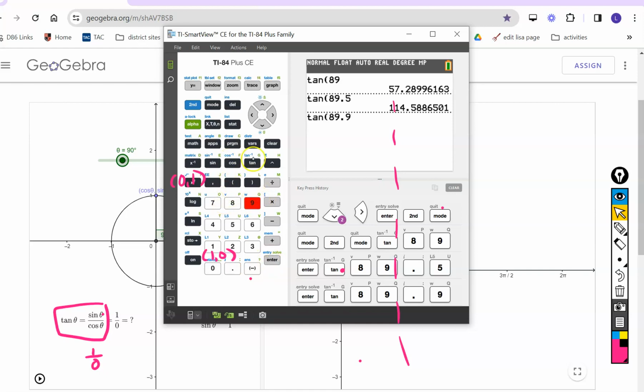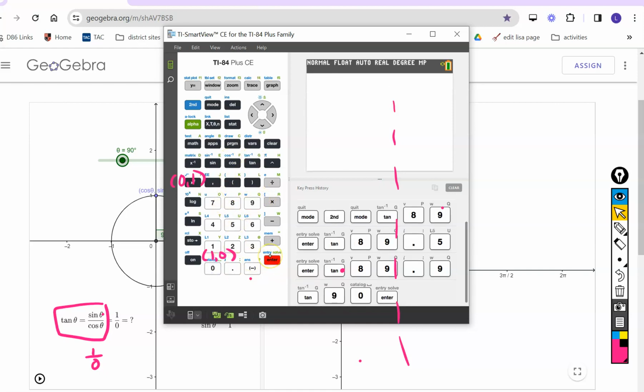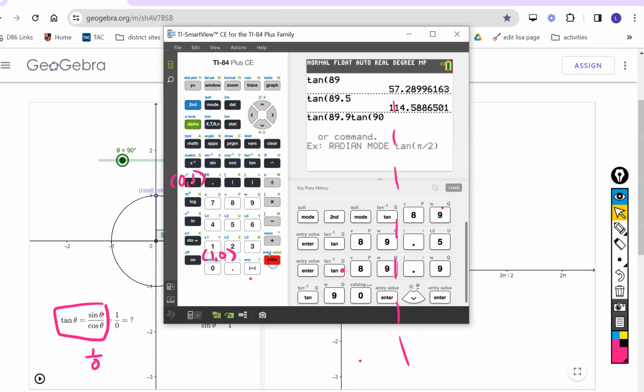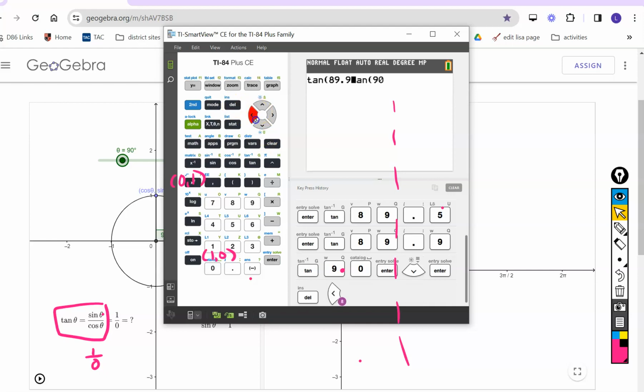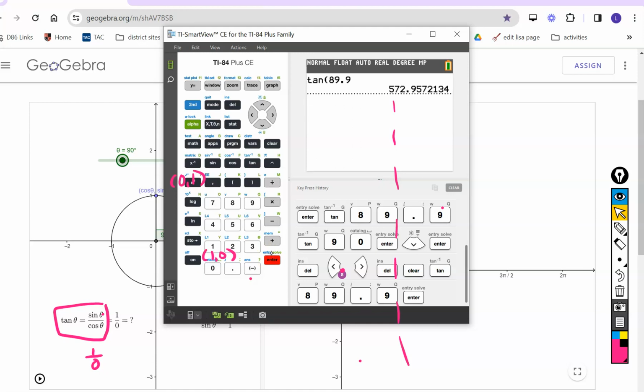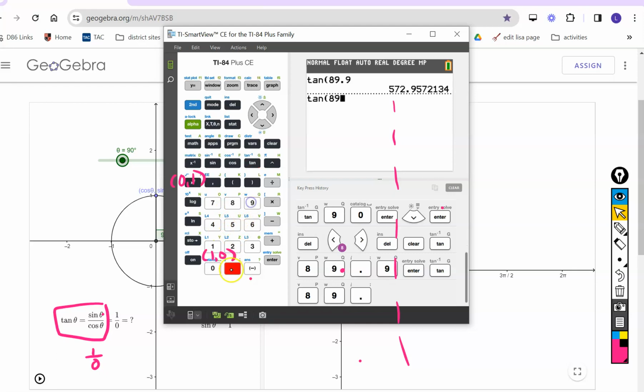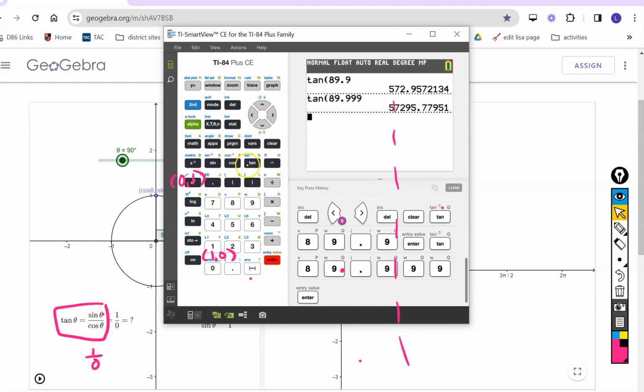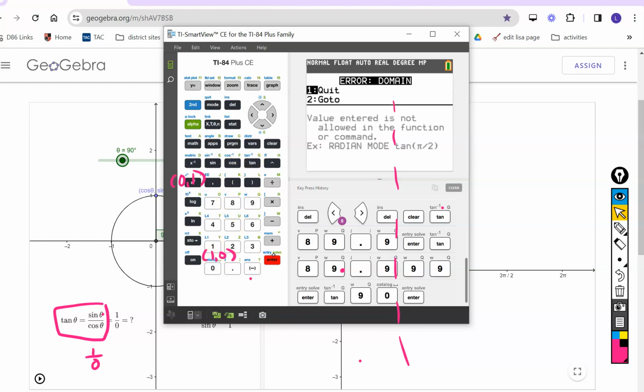Notice we have a y value that's approaching infinity. The tangent of 89.999 degrees, look at that. But then the tangent of 90 degrees, as we know, is undefined.